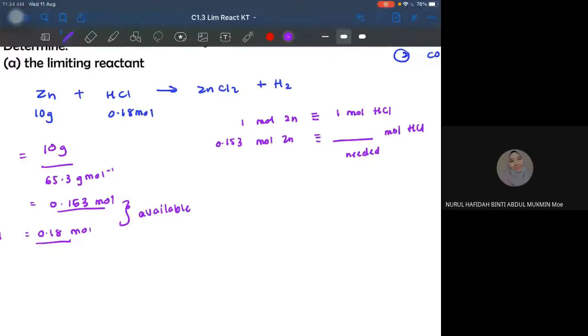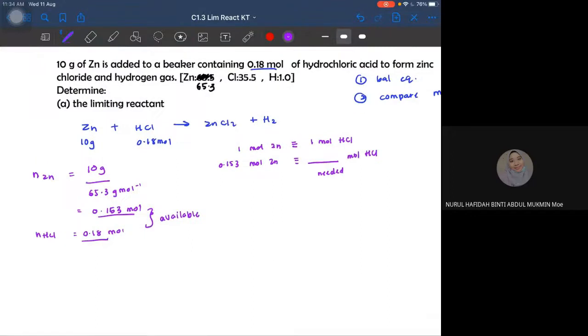Miss, equation tu belum balance. Ya, equation belum balance. Dua, okay. 2 HCl. Zinc 1, 2 HCl. Oh, okay, alright, thank you.